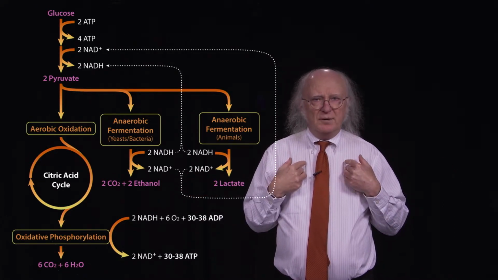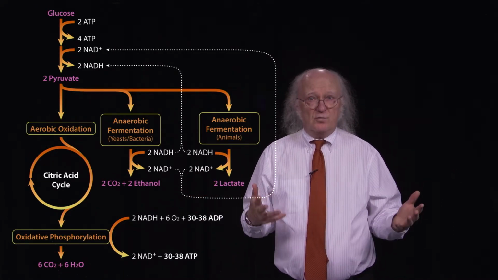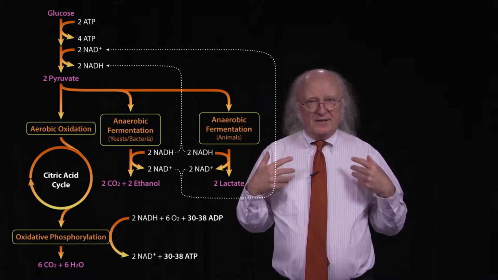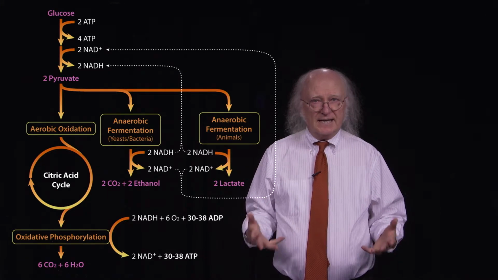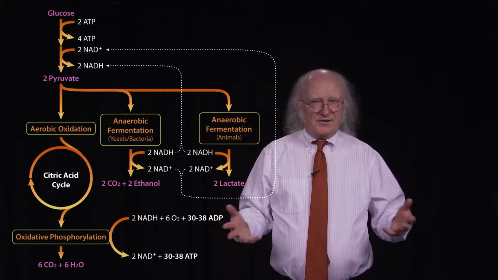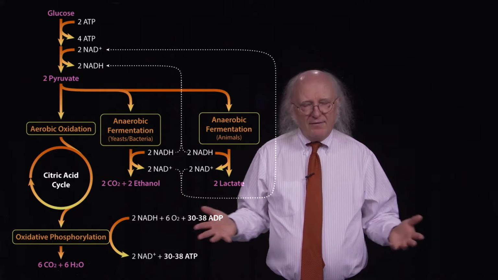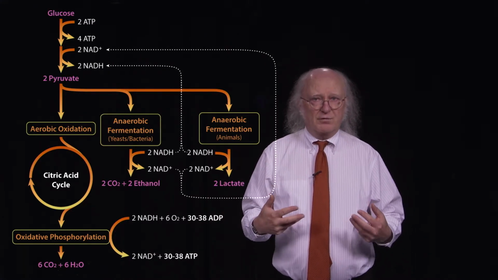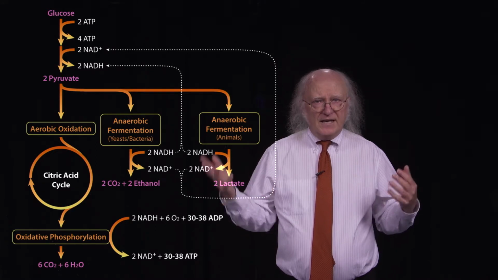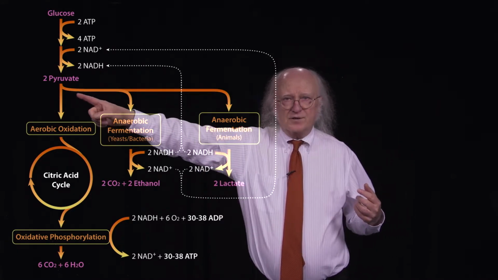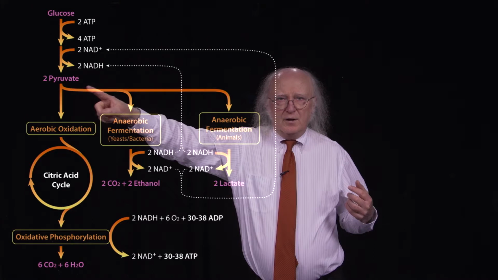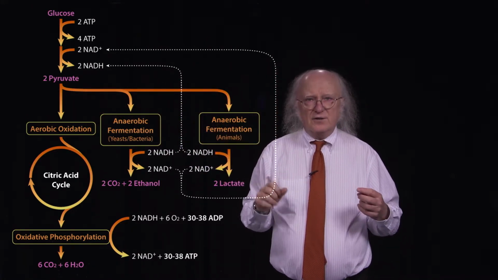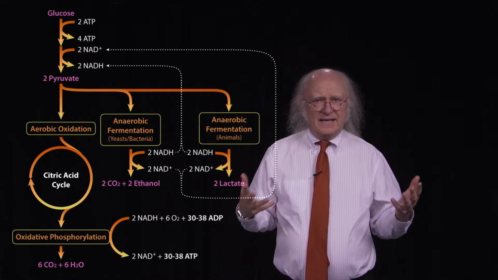What happens in human beings? Human beings have situations where, as I said, they might be running faster than their body can deliver oxygen to muscle cells that need it. And rather than have the muscle cells die every time you exercise heavily, muscle cells have a different kind of fermentation. The muscle cells in animals go through a process where the pyruvate is converted, instead of into ethanol, into a molecule called lactate or lactic acid.